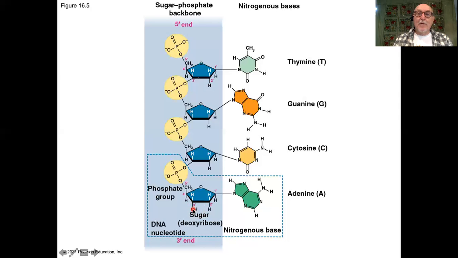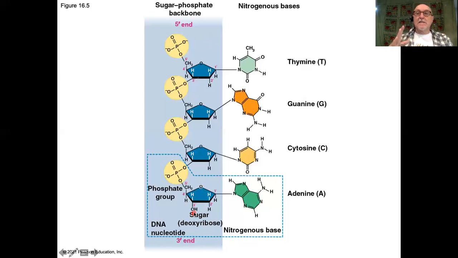It's at the 3' hydroxyl. That is the 3' hydroxyl. This is the only reactive site on this molecule. If I want to add anything, if I want to add another nucleotide, this is the only place I can do it. It can only come in here. It can't come down here. It can only come in here and react there.